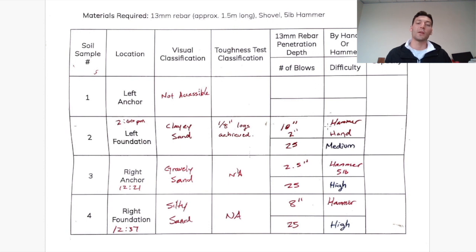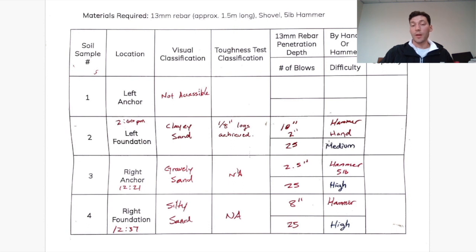recording the depth of penetration and whether it was achieved by hand pushing or by using a 5-pound hammer. And we also record the difficulty that was required to achieve that penetration. So, for example, on the second soil sample here, you'll see that we were able to do both a hammer and hand penetration, but the hand only made it 2 inches, and that was with medium difficulty.